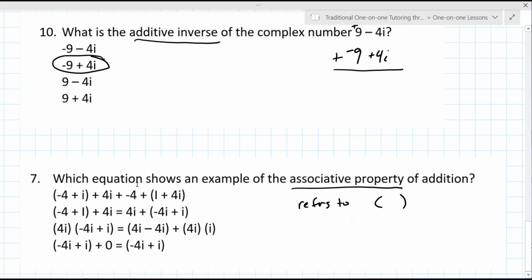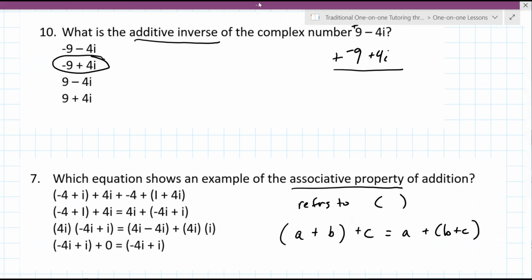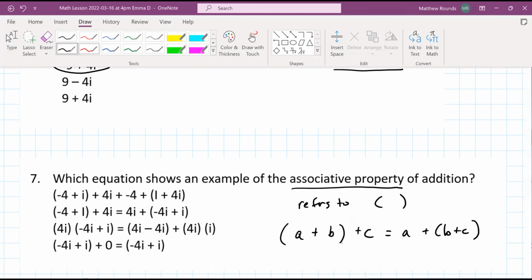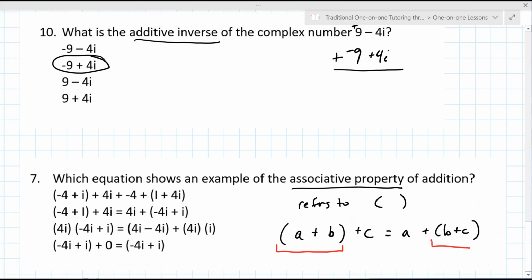Right. Okay, and I'll just show you again. It's A plus B first, then you add C, or you can first add B and C, and then add A later. But notice how the parentheses move around. What you're looking for is where the parentheses is around the first 2 and then the last 2.